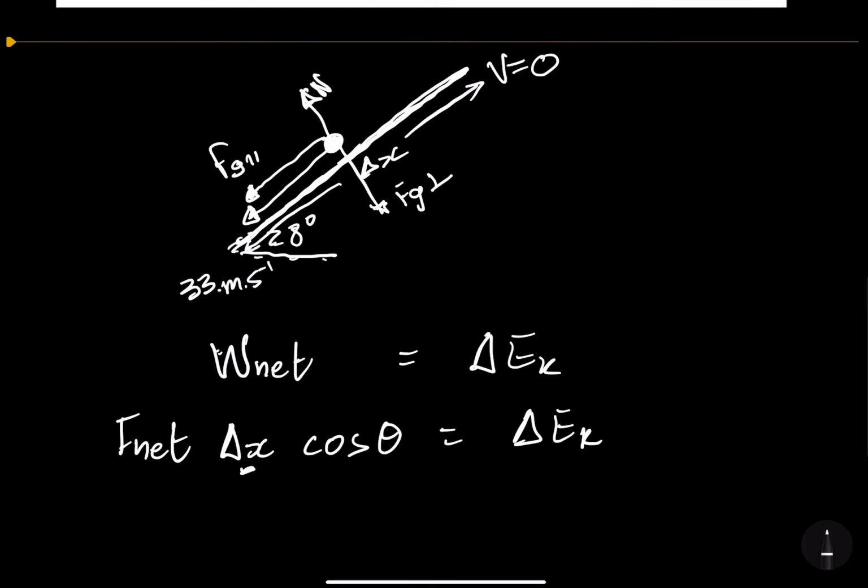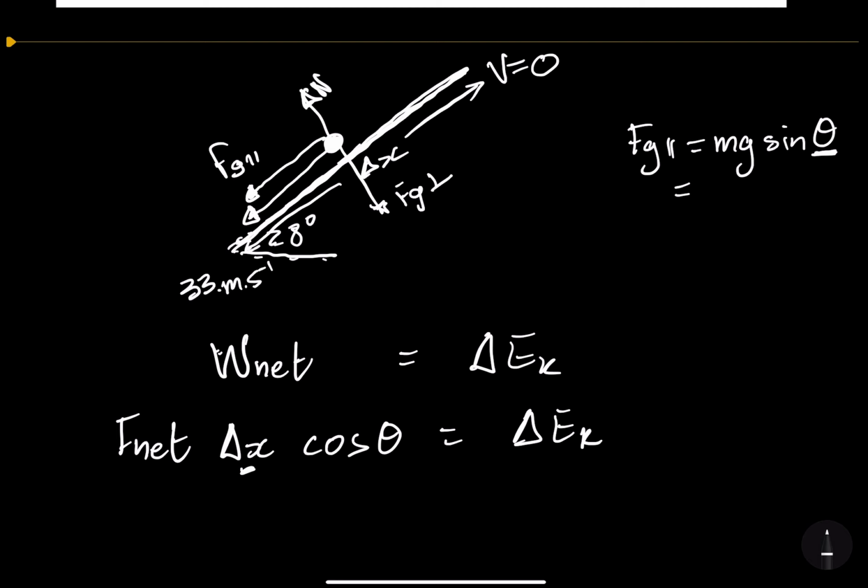remember that for us to get the component FG parallel, right? I'm just going to cover that quickly. So this is going to be mg sine of theta. Now, in this case, please remember this theta here is the angle of elevation, right?